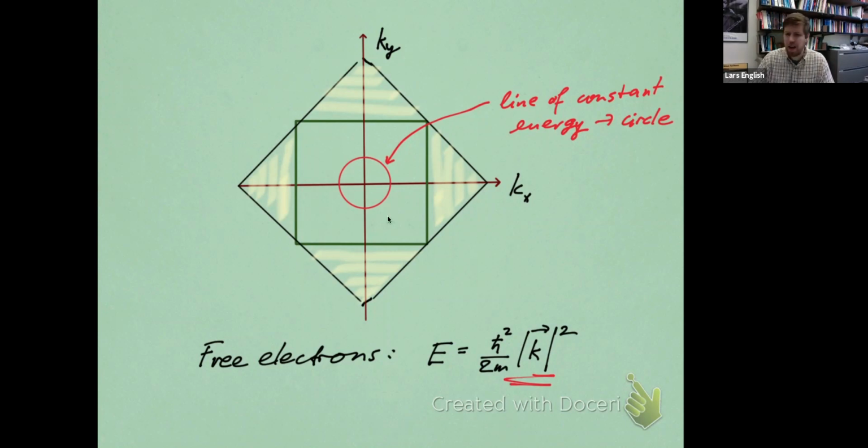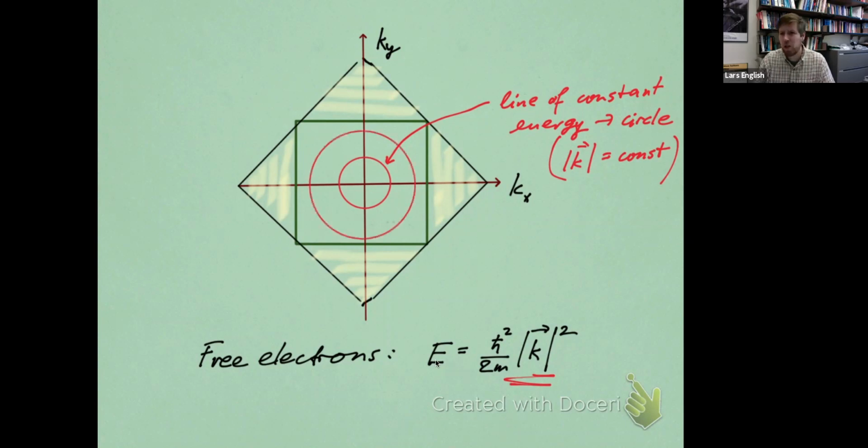And therefore the magnitude squared of those k vectors are all the same, and therefore the energy of the associated electron has to be the same anywhere on that circle. So the magnitude of that vector is constant at all points on that circle.